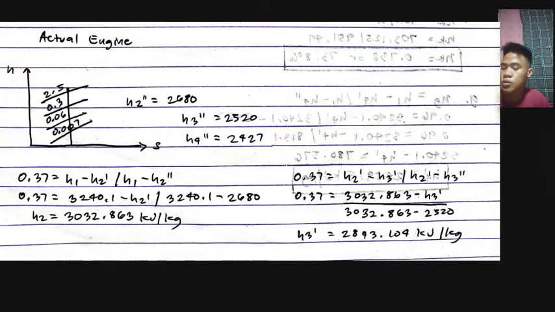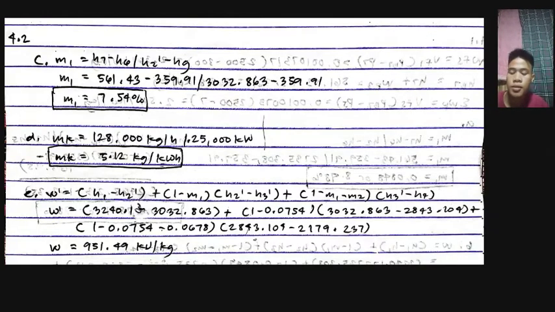By substituting it, 0.37 equals (3240.1 minus H sub 2) over (3240.1 minus 2680). And by calculating it, H sub 2 equals 3032.863 kilojoules per kilogram.